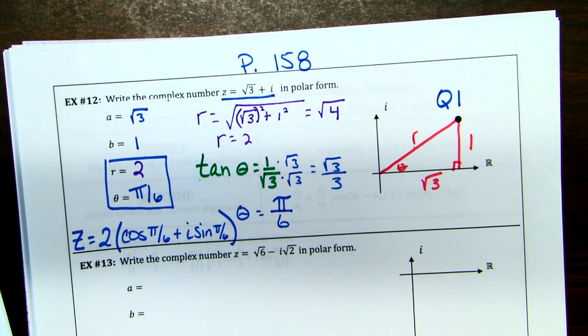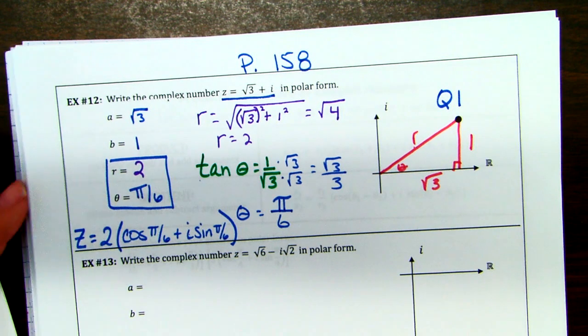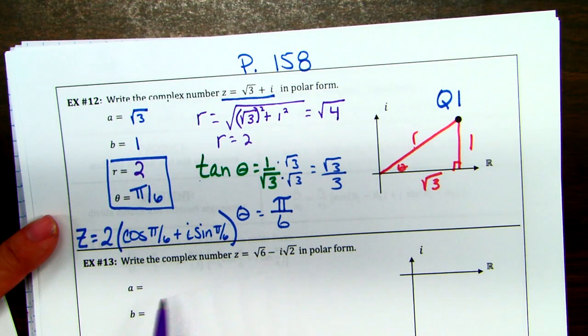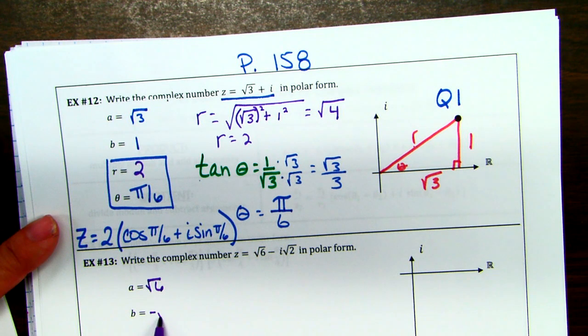Okay? All right, let's do another one of those. A is the square root of 6. B is negative square root of 2. If I graph that, that's to the right is positive down. So I'm going to be in quadrant 4, which this is telling us that anyway.